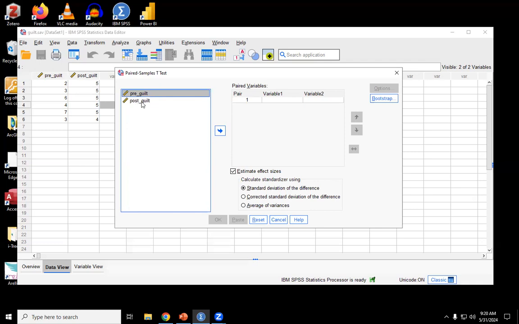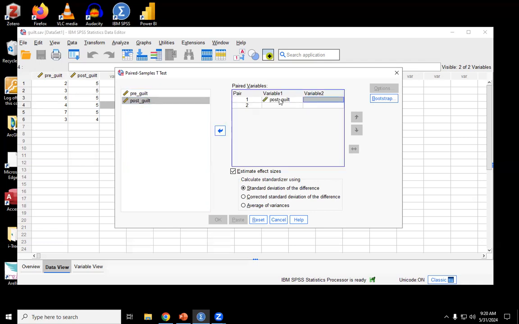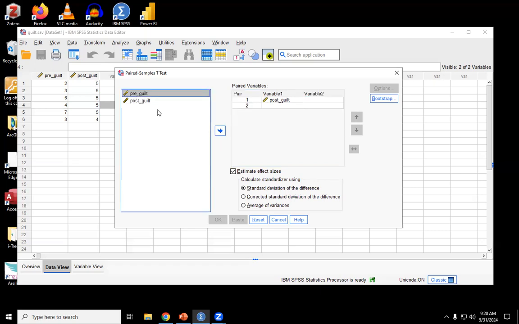So if you wanted the difference scores to be calculated in that way, you'd want to put post-guilt in first as variable 1, and then enter pre-guilt as variable 2, and that's how it's going to do the calculation: the difference scores are going to be post minus pre. So it's going to be whatever variable you have as variable 1, minus whatever you put in as variable 2.